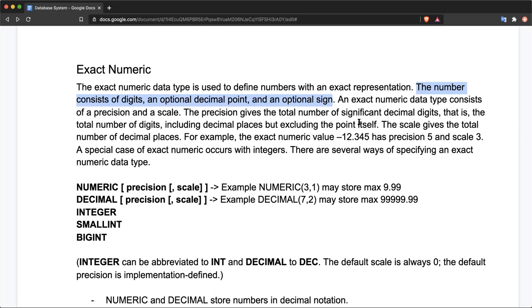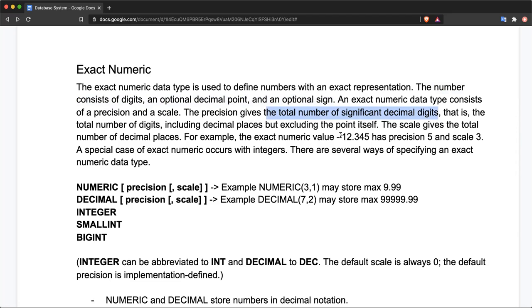The exact numeric data type also has 2 considerations: one is precision and the other is scale. Precision means the total number of significant decimal digits. Scale is the total number of digits after the decimal point.